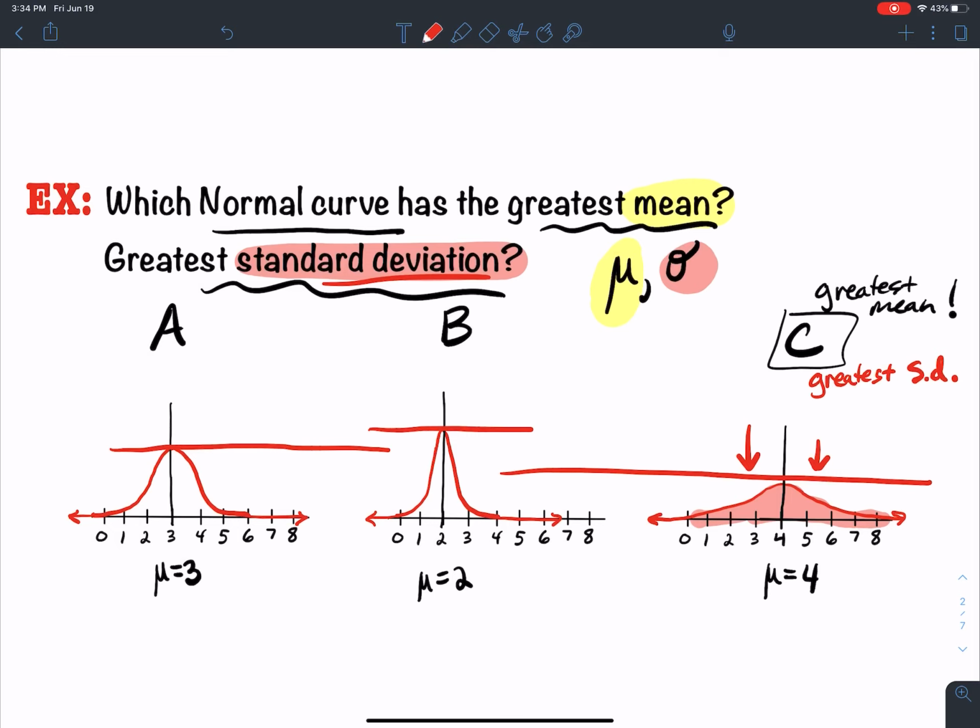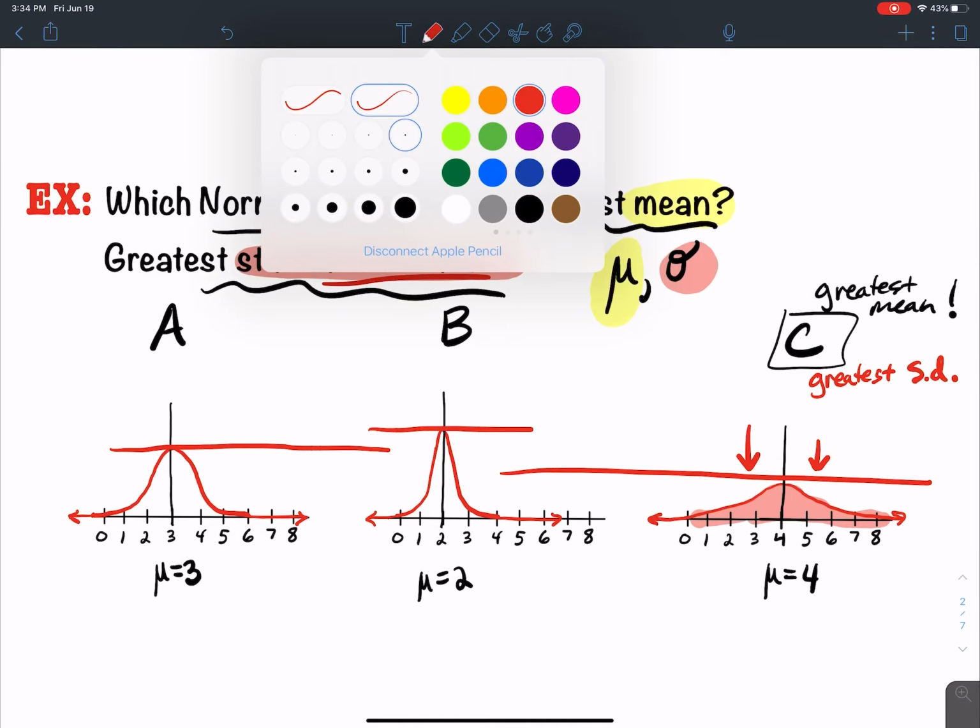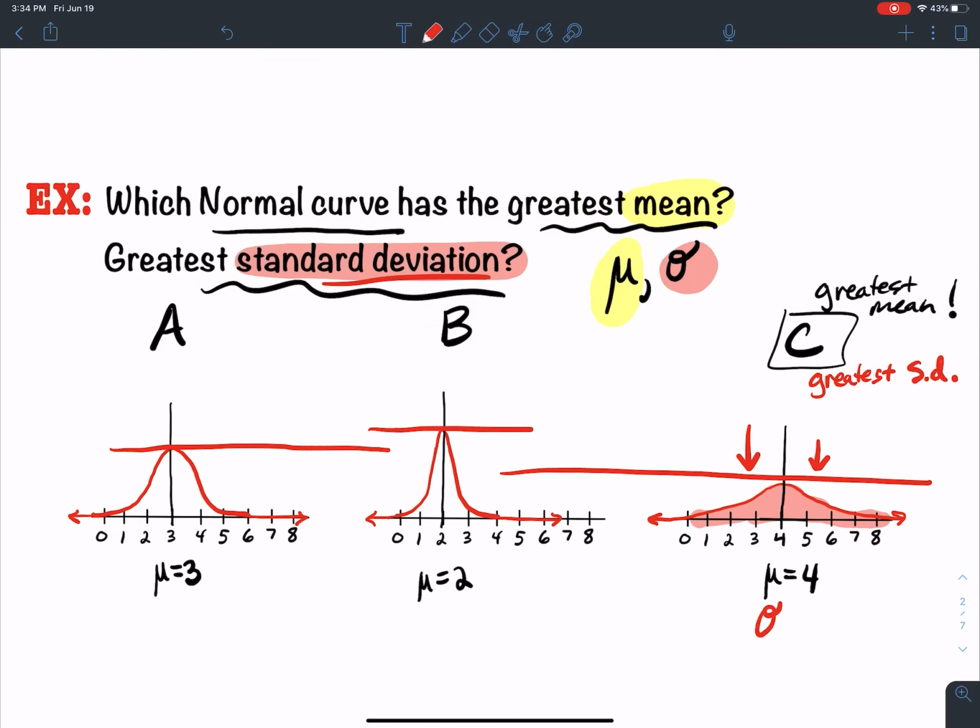So maybe, and I'm just making these numbers up, but maybe this standard deviation is like 2. Okay? This one is like the lowest. That's like the second lowest, and that's like the third, right? That's the high one, right?